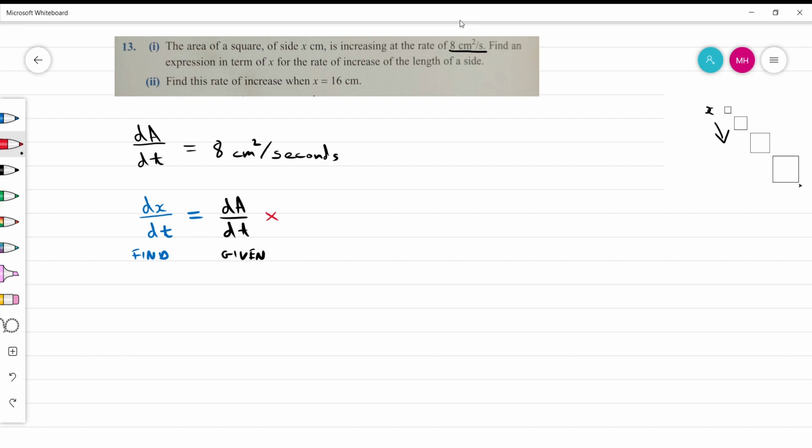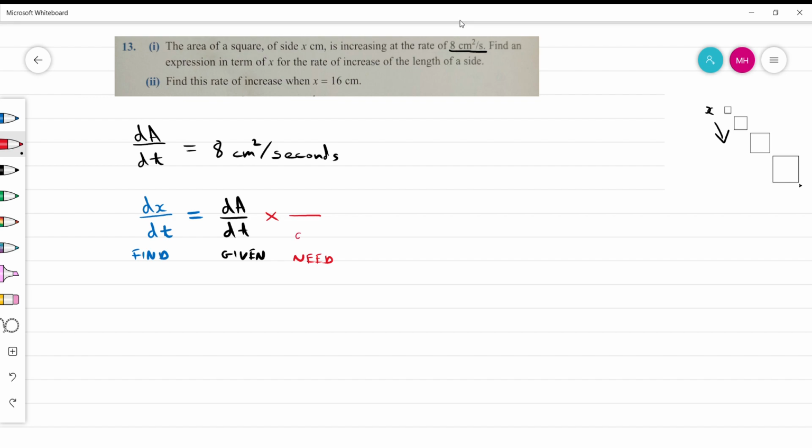Okay. The last bit, and this is probably the hardest bit, is this is what you need. Okay? You need something, because obviously at the moment the left-hand side is not equal to the right-hand side in that equation. You need something to link these two together. Okay, what is that? Well, if you notice on the left-hand side, we do not have any A, so we need to get rid of that dA.